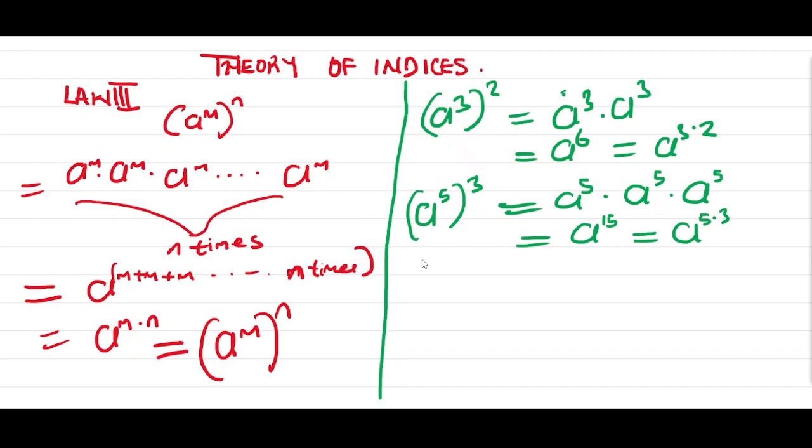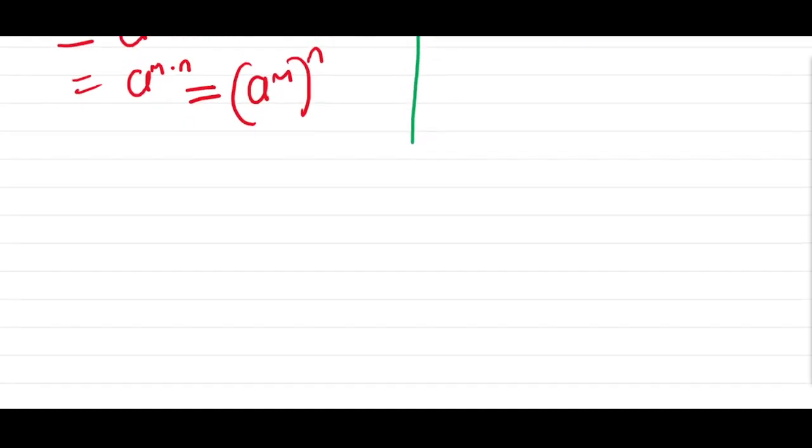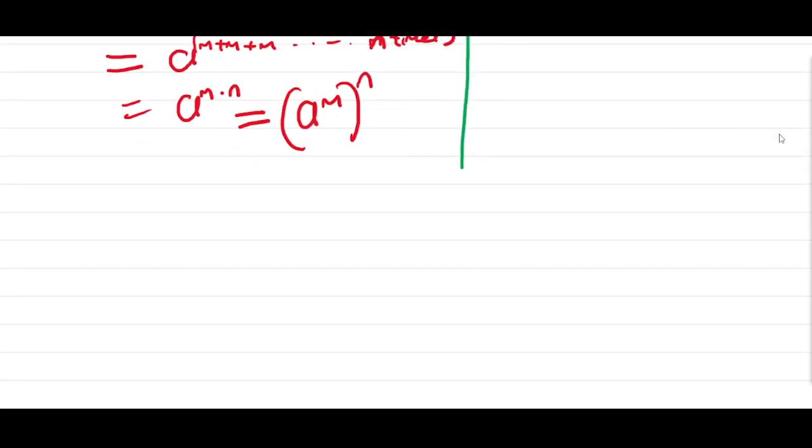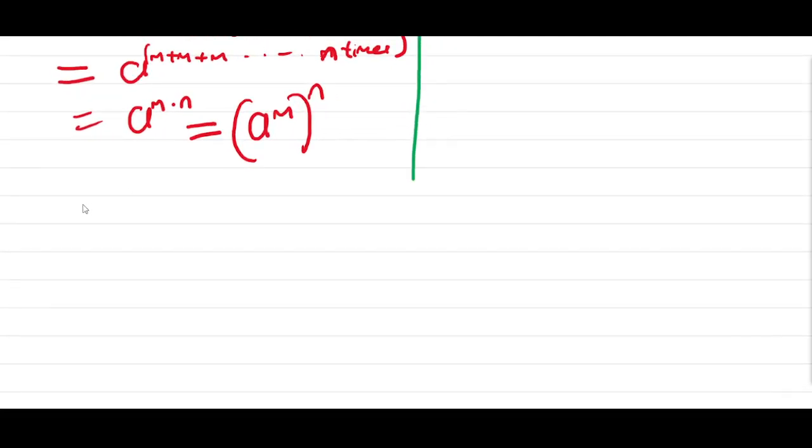Now, having said this, let's observe a special case. Suppose that instead of just a, we have ab, all to the m. What then would this be?